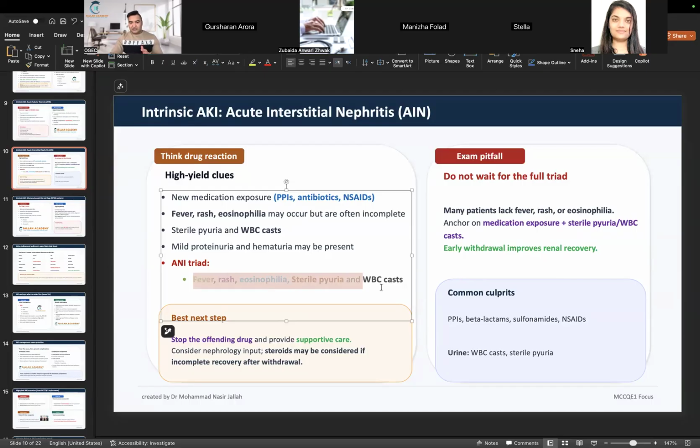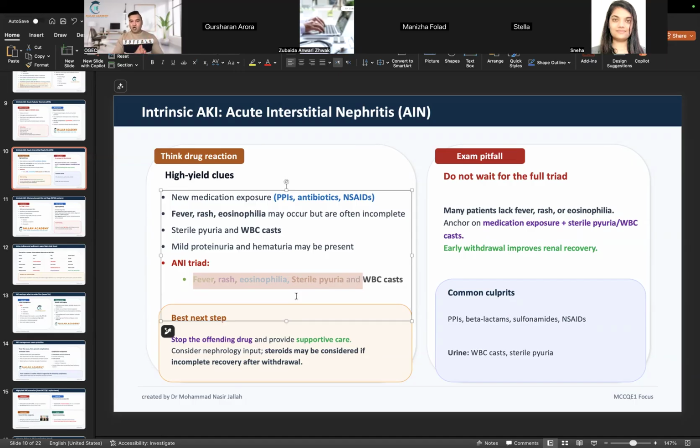Even if you have only WBC cast and the patient recently started the PPI, non-steroidal anti-inflammatory drug, or any sort of antibiotic, and then develops acute kidney injury, and you have WBC cast, think about acute interstitial nephritis. Okay? They would make it a little bit easy for you guys and will mention this, but it's not 100%. I have seen cases where none of them were positive other than just WBC cast.